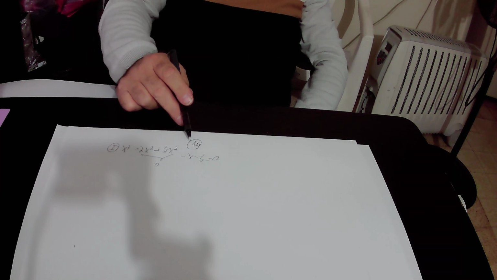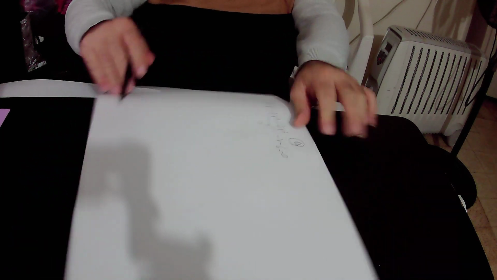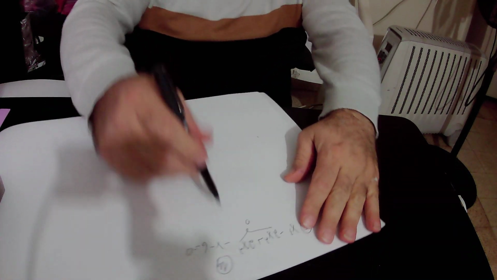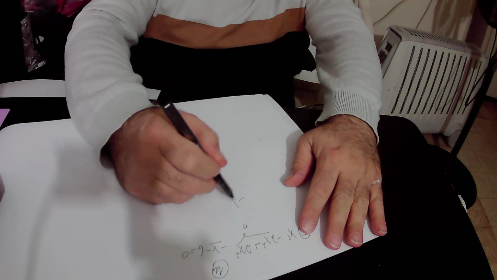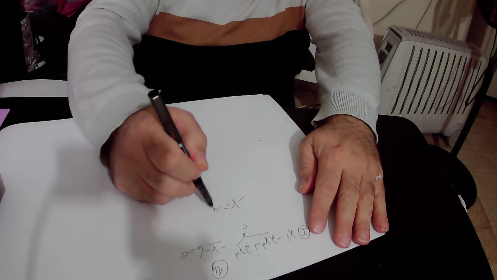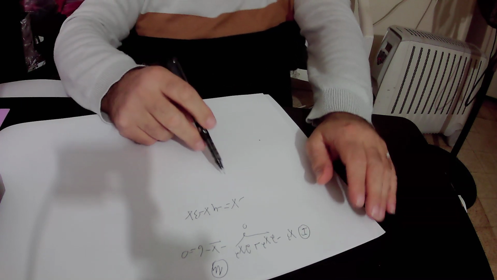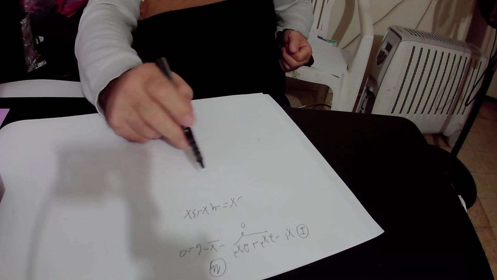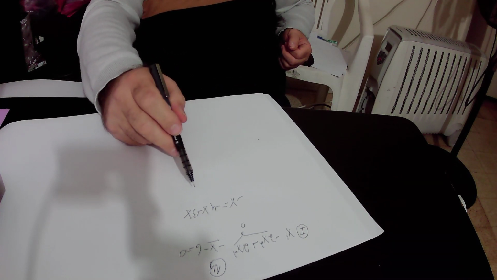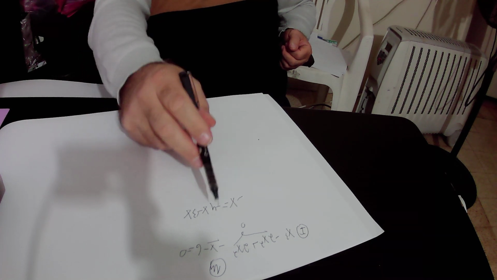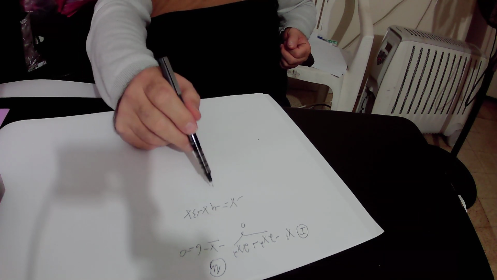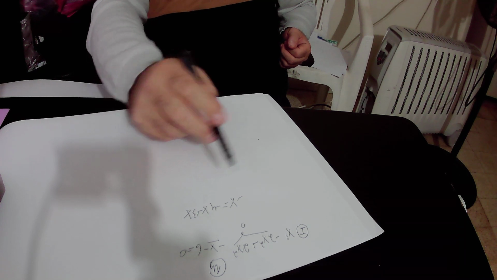Here we know that minus X equals minus 4X plus 3X. I repeat again, minus X equals minus 4X plus 3X, so we will substitute minus X in equation number 1 by minus 4X plus 3X.